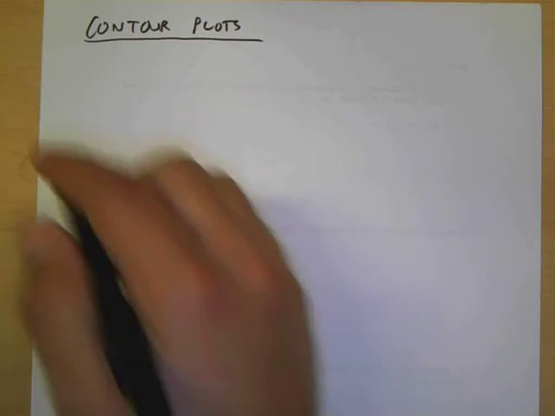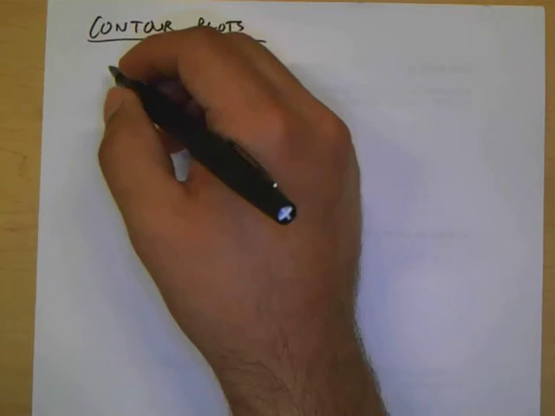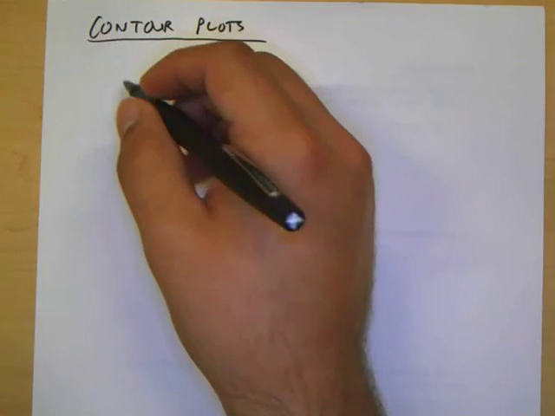You should be able to look at a contour plot, look at different level curves, and say there's probably going to be a critical point here, here, and there. And if you have enough information, you could even tell me what kind of point it is: maybe a minimum, a maximum, or a saddle point. So we'll just do a couple of examples, and you guys can tell me what you think.